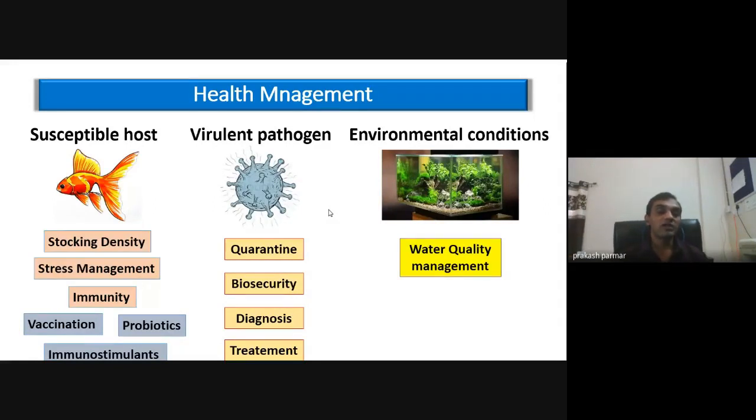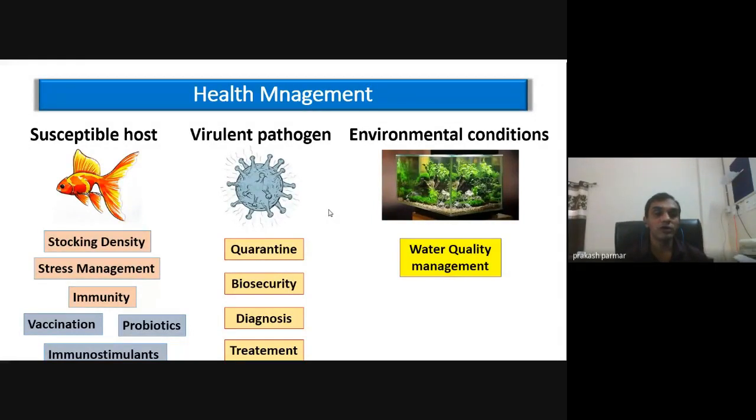The problem with vaccines is we don't have enough of them right now. Only some vaccines are available in aquaculture, and it's not possible to prevent all the diseases. The vaccine is for a particular pathogen only, so we can prevent that particular disease by vaccination.